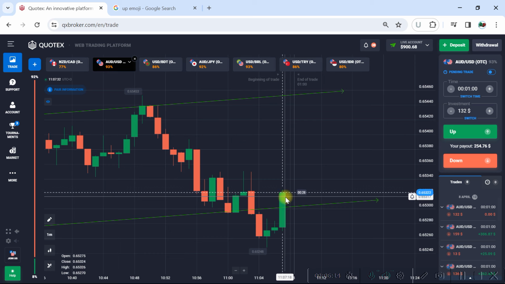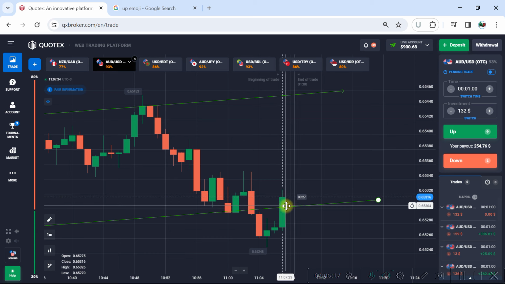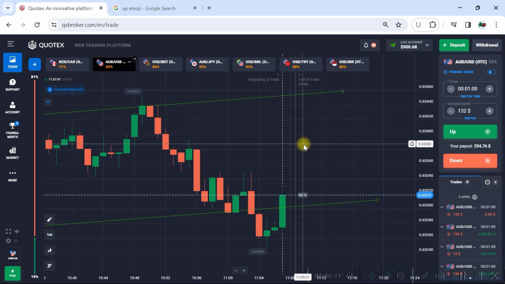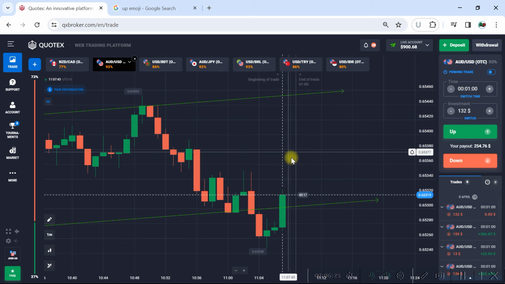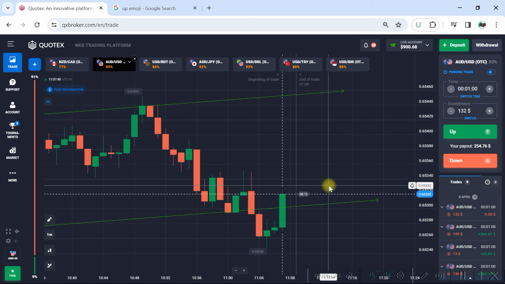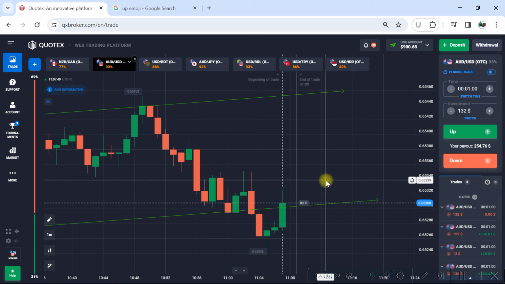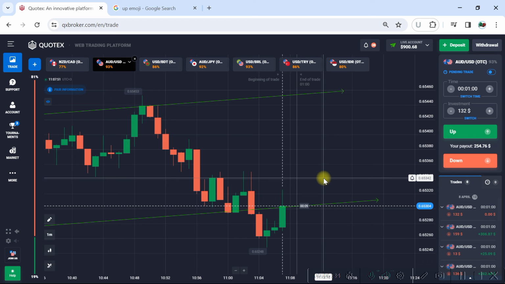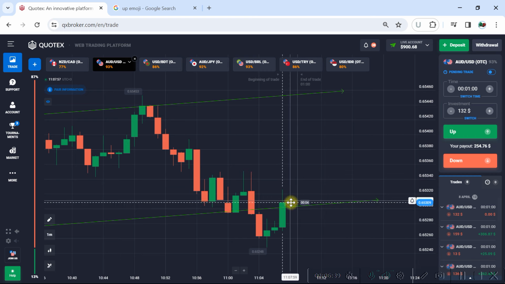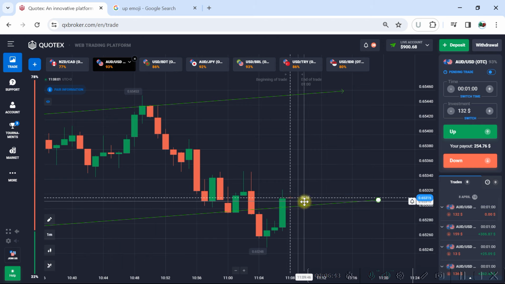If it hits the new resistance level and goes back down, we can ascertain that price has really broken back into the resistance level and made it our new support level. So until then, let's not trade.